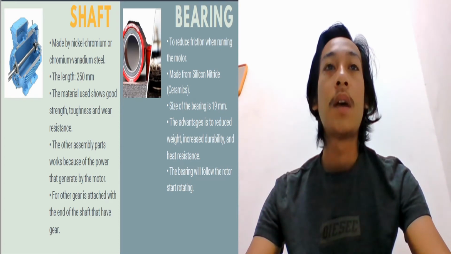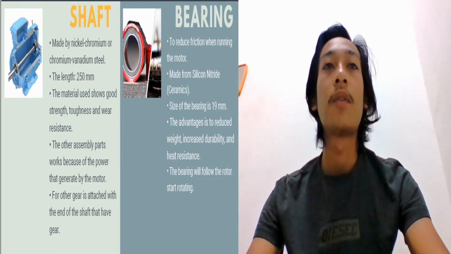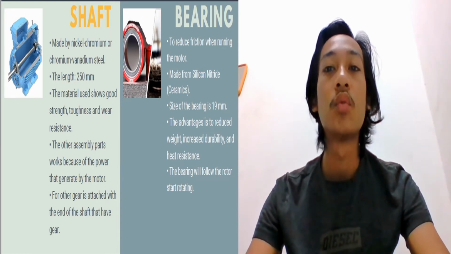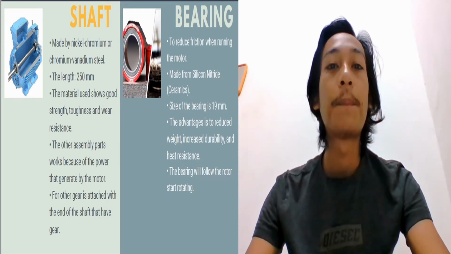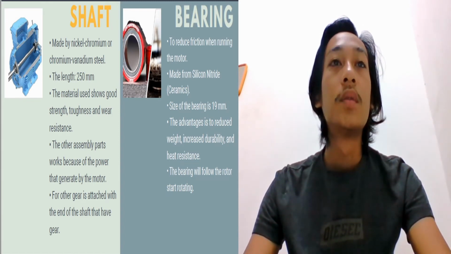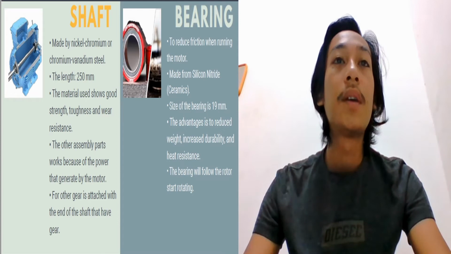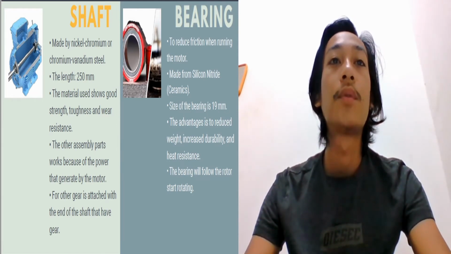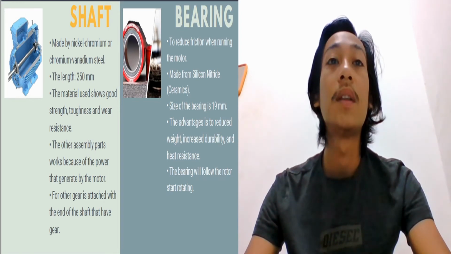Then I will explain the first component of the unit part in the TEC electric motor, which is the shaft. A shaft is a rotating machine element which is used to transmit power from one part to another, or from a machine which produces power to a machine which absorbs power. The shaft is made of nickel chromium or chromium vanadium steel, and has a length of 250 mm.